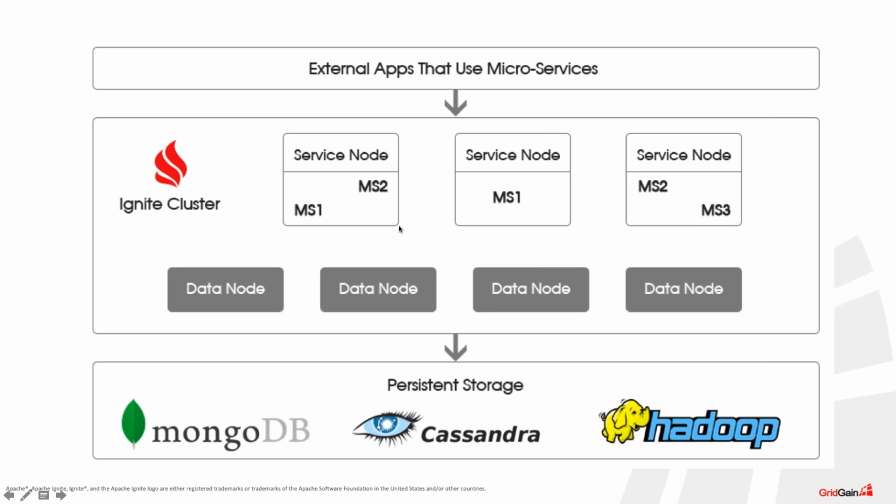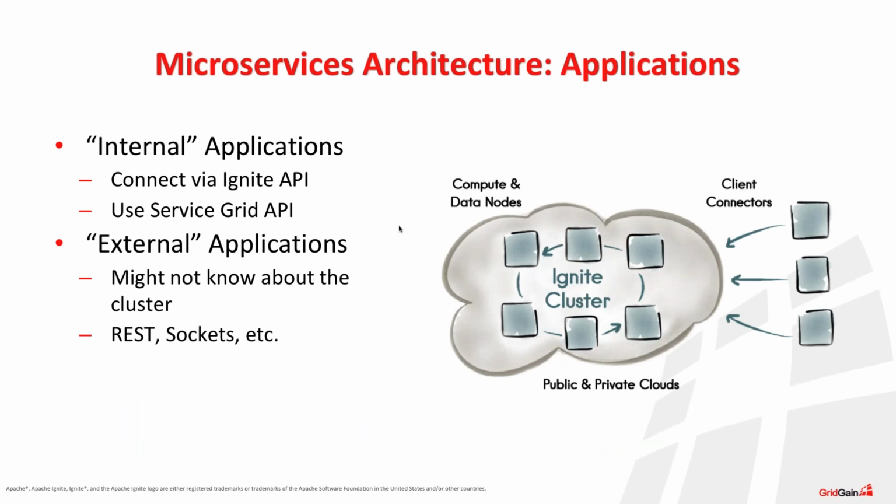As for the applications, they can use the Apache Ignite API, Service Grid API, if they want to talk to your data nodes or to your service nodes. But at the same time, you might have a different type of applications called external applications. External applications are those that are probably not aware of Apache Ignite at all.